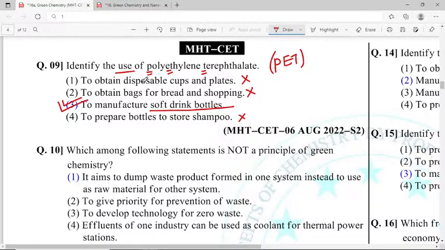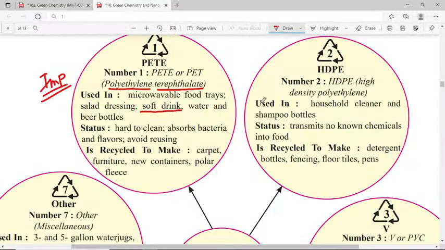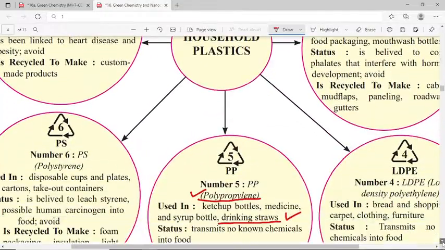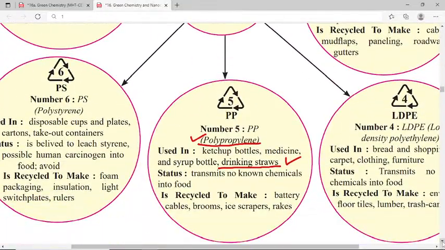And the remaining option, disposable cups and plates, are made from polystyrene. Polystyrene is also called thermocol.